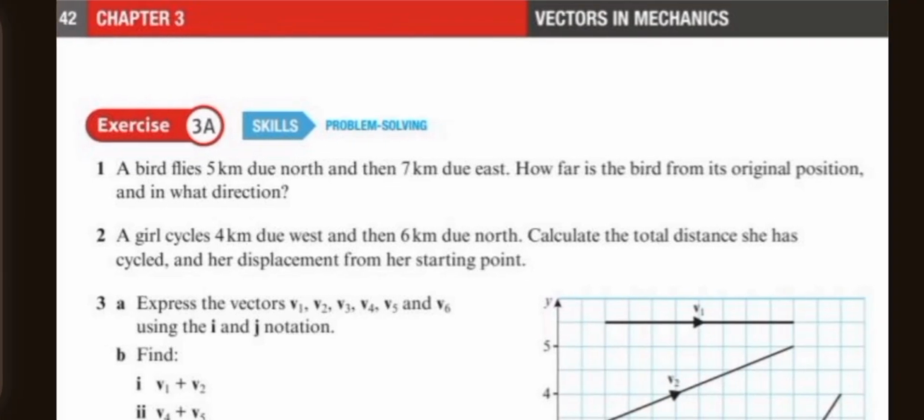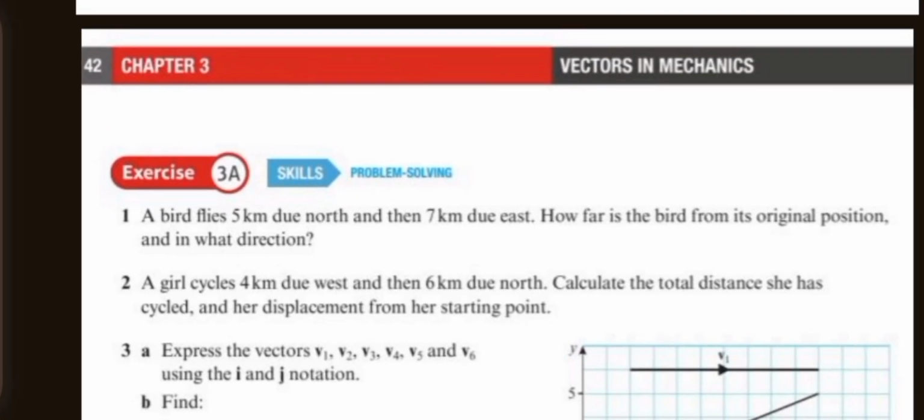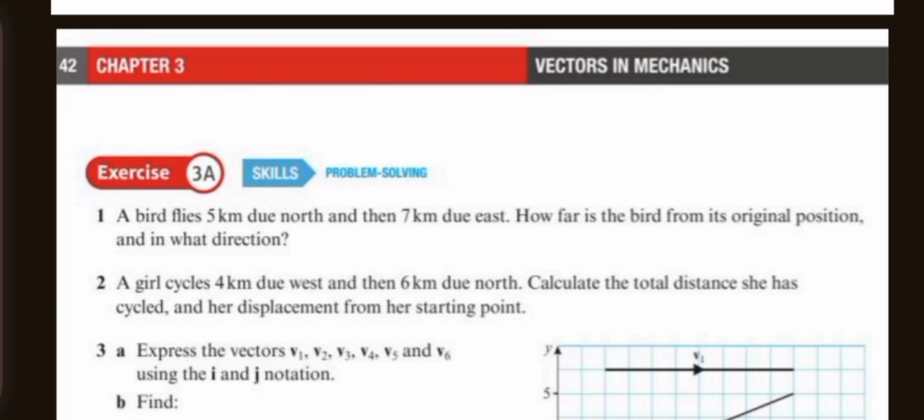Now let's look at number 2. A girl cycles 4 km due west and then 6 km due north. Calculate the total distance she has cycled and her displacement from her starting point. So first of all, we need to draw the diagram.